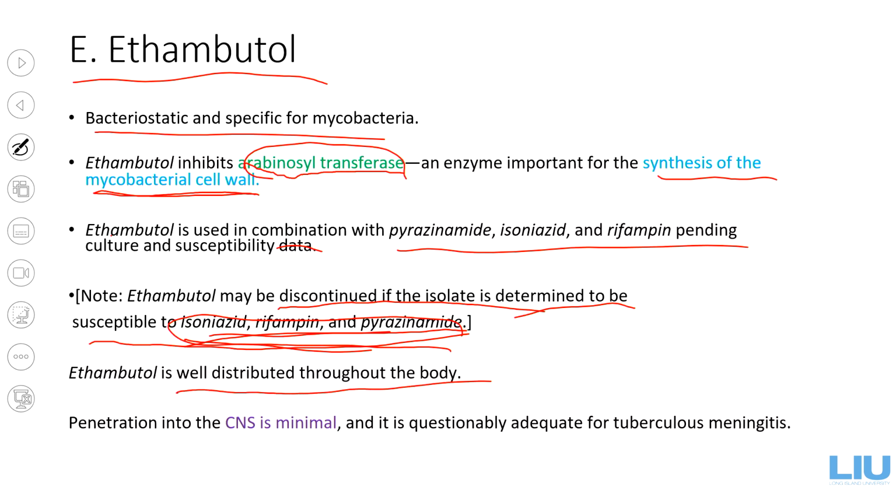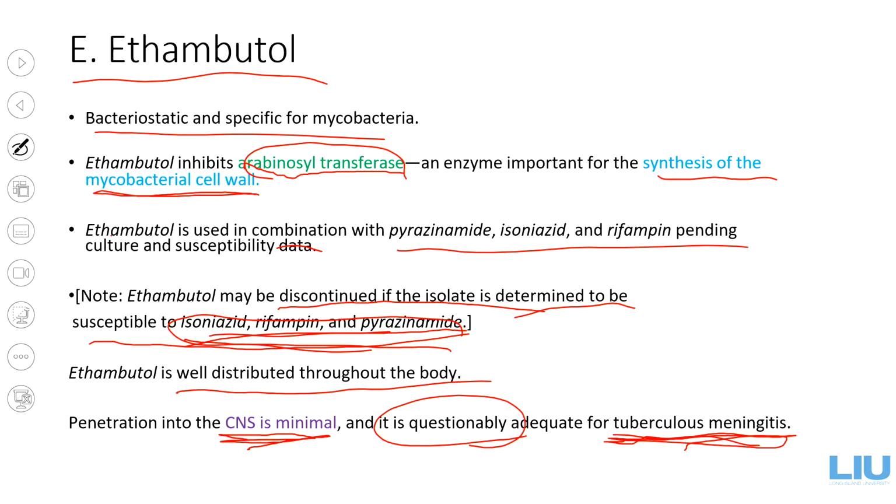Well distributed to the bodily fluid. The CNS penetration is minimal, okay? Yet it is adequate to treat tuberculosis meningitis, which is questionable because the drug does not penetrate too much in the CNS, yet it's still sufficient to treat the tuberculosis meningitis, which is inside the cerebrospinal fluid.